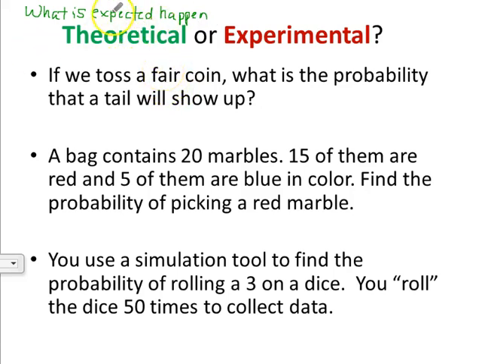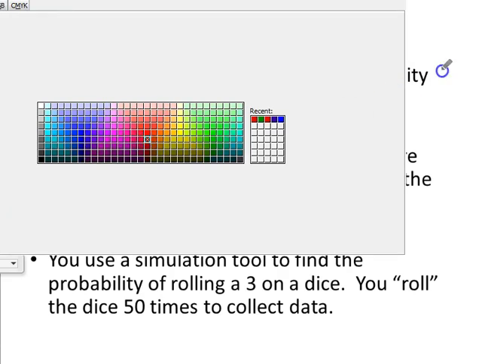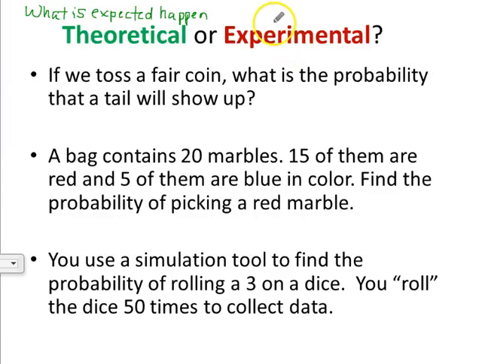That's an example of theoretical. It's what is expected to happen. Where experimental is when you actually carry out trials. So you're doing it a number of times. The best way to think of experimental is what actually happens through trials.